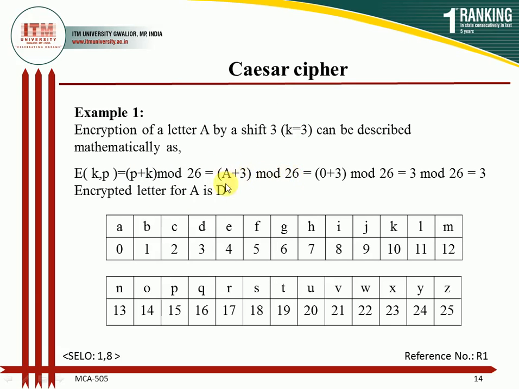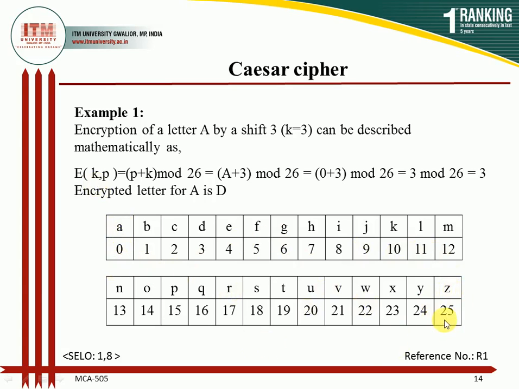Now what will be the value of A? Can we add A + 3 directly? No, because this is an alphabet and this is a number, so we have to convert these alphabets into numbers. These are the mathematical terms. We start from 0, giving A the value 0, and so on, and at last the value 25 goes to Z. That's why the total here is 26, because it starts from 0 to 25.